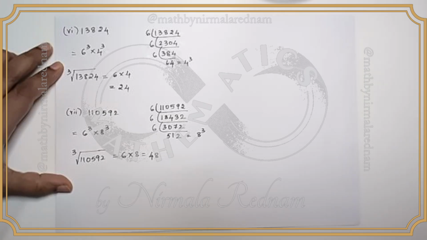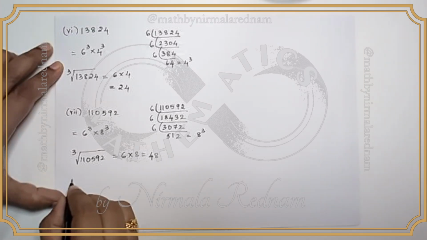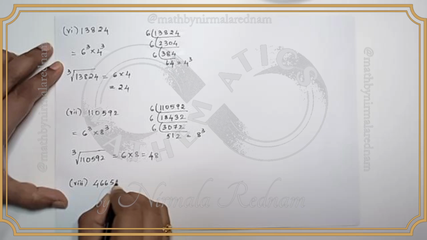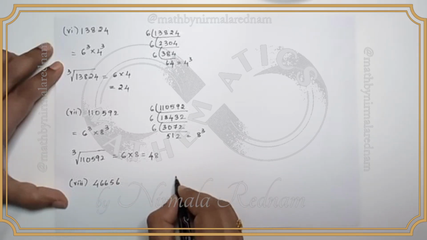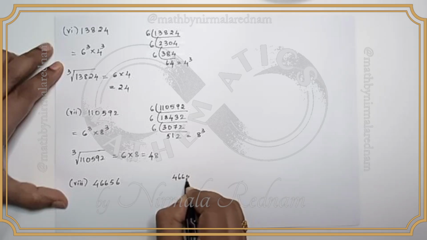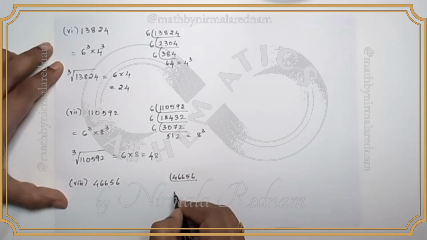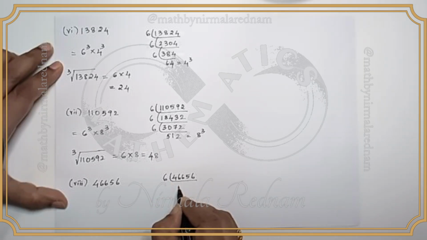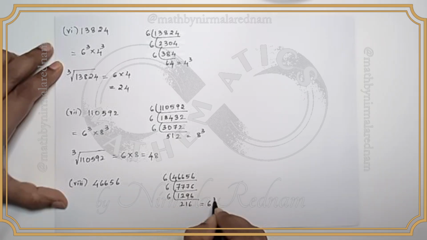So the next question is 46656. Now again you can either start with 2 traditionally, or 6 is clearly going to work. So I'm going to start with 6. 7776, 1296, 216, and 6 cube is 216.